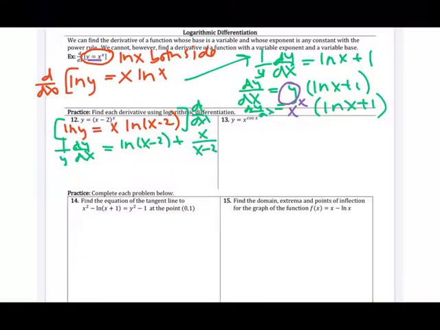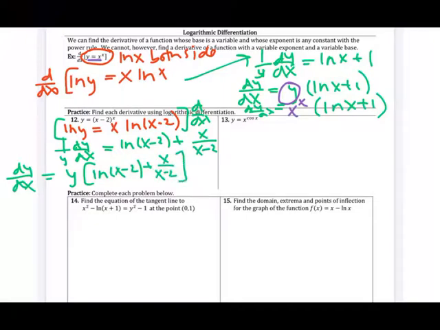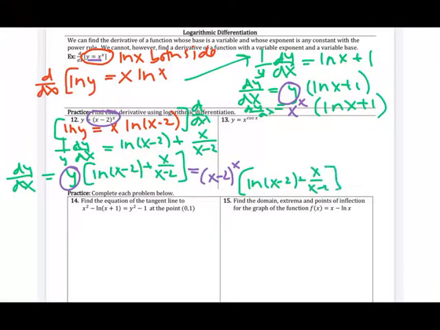To solve for dy dx, we're going to multiply both sides by y. And then to get this as an explicit equation, we're going to substitute in for y what we know y to be. So this is going to be x minus 2 to the power of x times natural log of x minus 2 plus x over x minus 2.